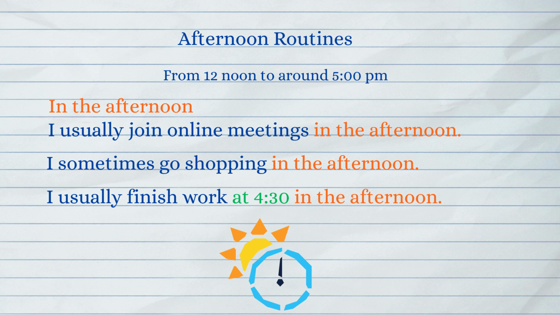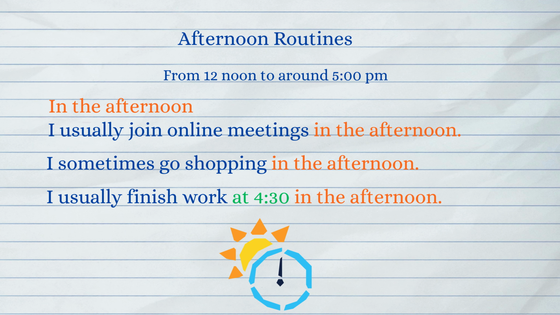Now let's talk about the afternoon. We use in the afternoon to talk about the time between 12 noon and around 5 p.m. For example, I usually join online meetings in the afternoon, or I sometimes go shopping in the afternoon.